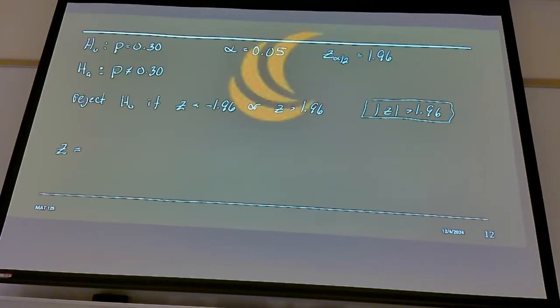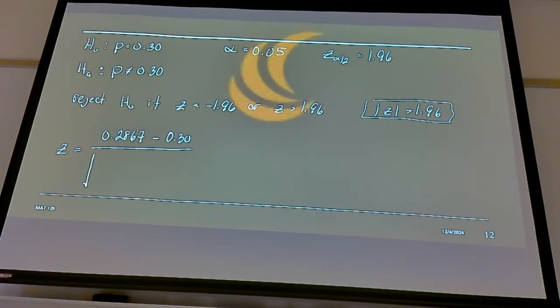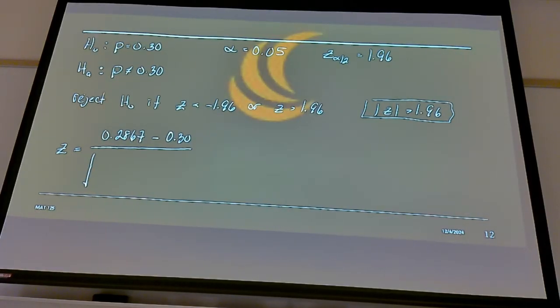P hat minus P naught divided by the square root. Now, if I really want to get a good, accurate z, I shouldn't be using that decimal. I should be using the fraction. Otherwise, it's going to be rounding error, but I don't think that really matters.